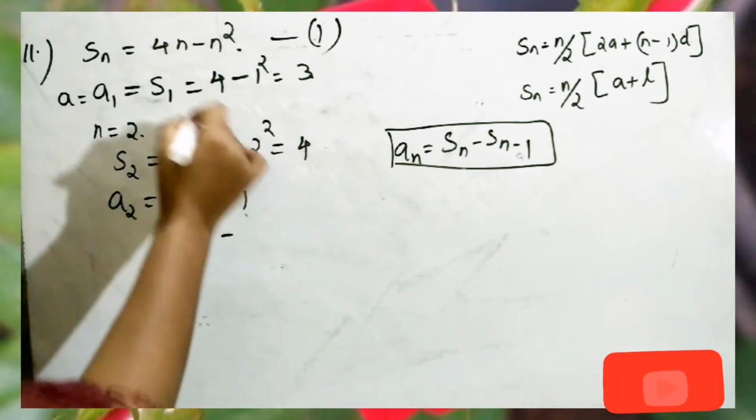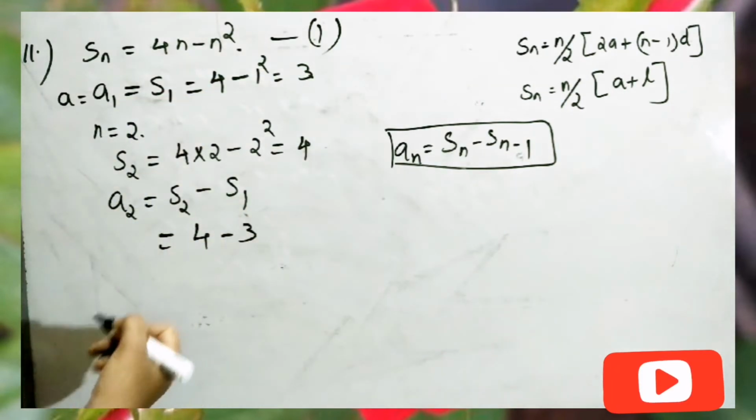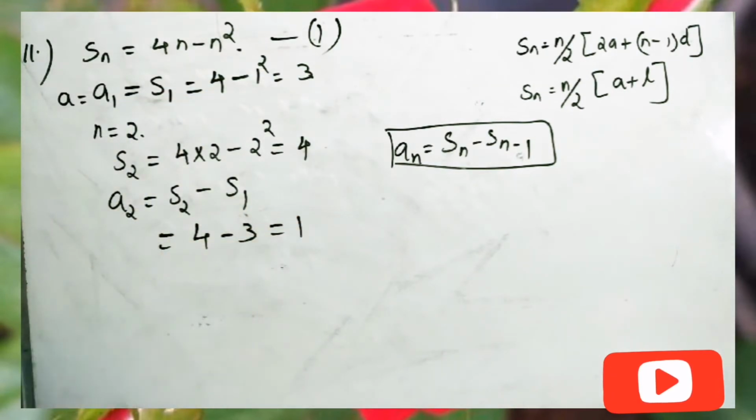S2 is 4 and S1 is 3. So 4 minus 3 is equal to 1. So we got A1 and A2. We got the second term as 1.